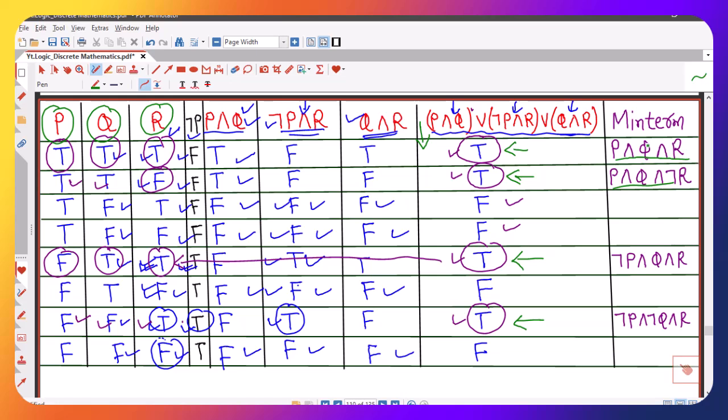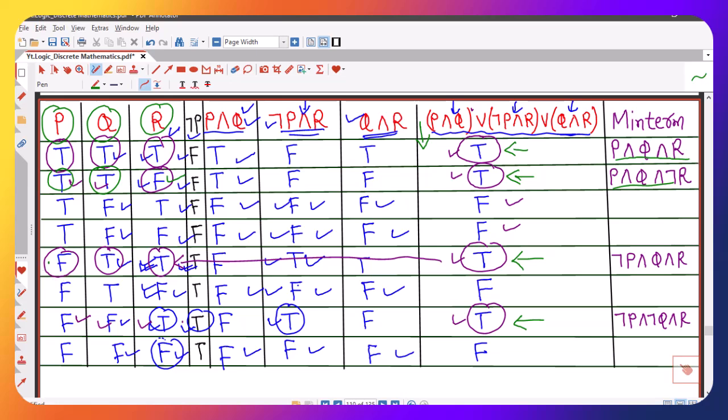So if all are true, then we will write P and Q and R, and we will write negation of the variable which is false. Here P and Q are true, therefore we have written P and Q as it is. R is false, so we will write negation R.